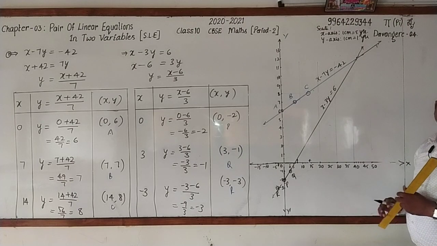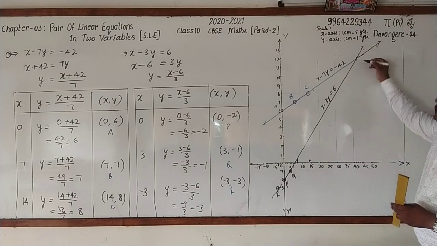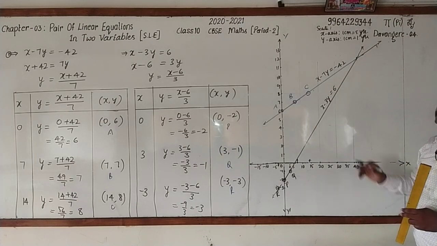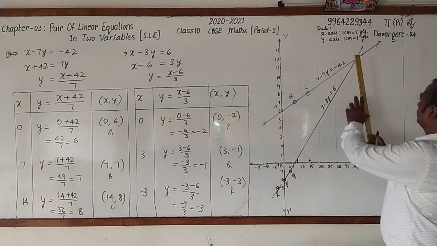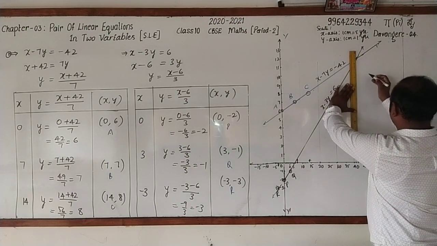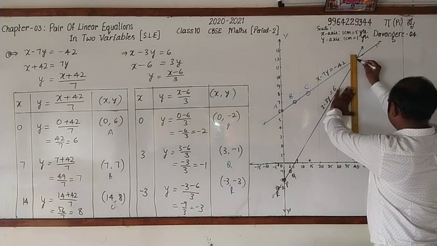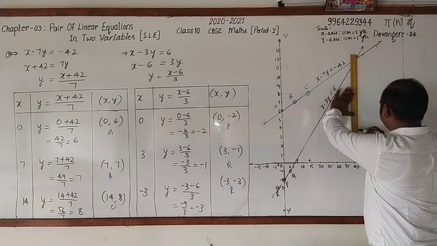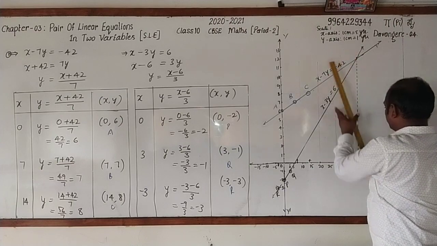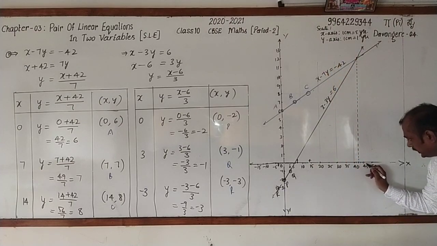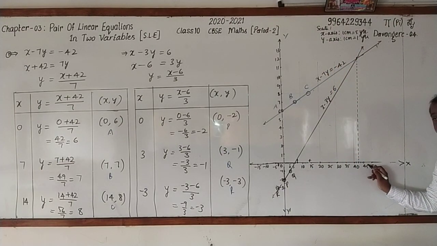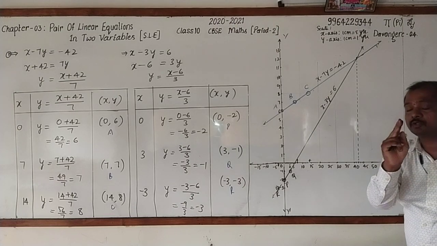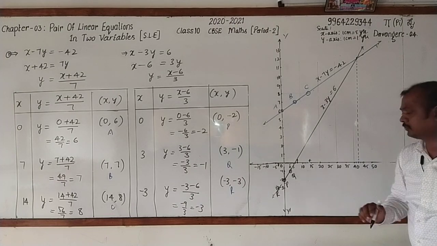And both have intersected at a point. Tell the coordinates of this point. Let me draw the line, perpendicular line to x-axis first. It will be easier to identify the point. Observe it, between 40 and 45, total 10 divisions are there. Every 2 divisions indicate 1 year.